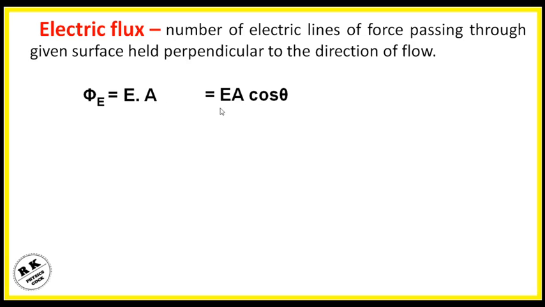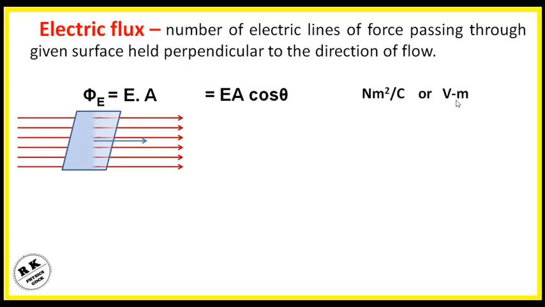It can also be written as EA cos theta, where theta is the angle between electric field intensity and area vector. Its unit is Newton meter square per coulomb or volt meter.